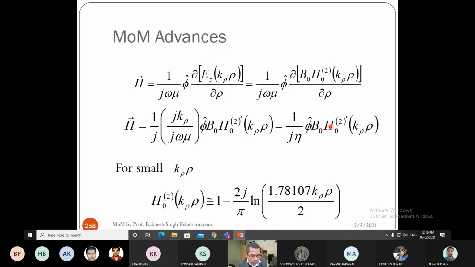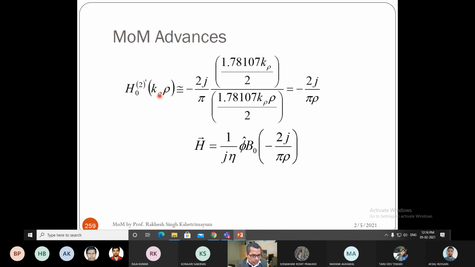For small values of k rho, we have a simplified expression for H0(2). H0(2) can be expressed as 1 minus 2j by pi natural logarithm of 1.781 k rho divided by 2. We will require this expression for finding the Green's function, the 2D Green's function.